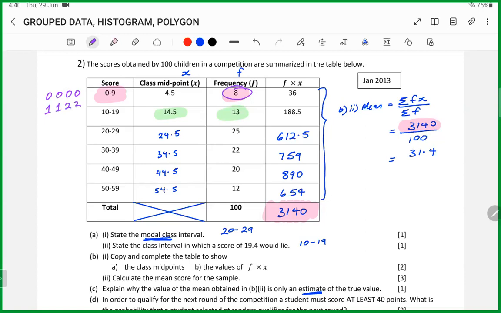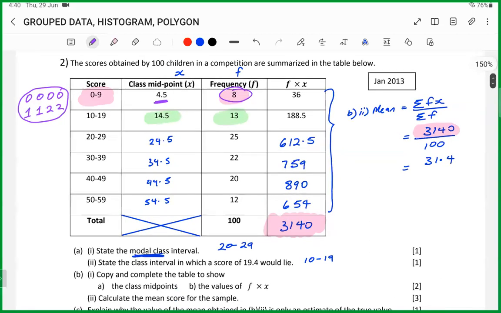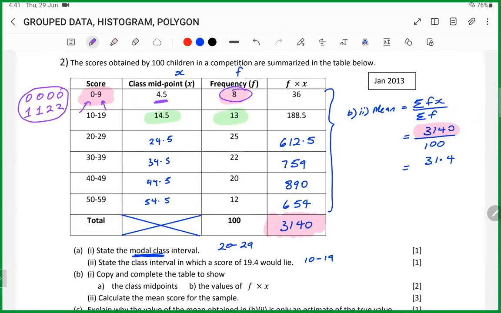Now, the average for these 8 scores is clearly much lower than 4.5, right? But it doesn't matter. In order to get the class midpoint, you're just taking the 2 limits, or the 2 boundaries, whichever. And that is what we have to use to get the class midpoint.